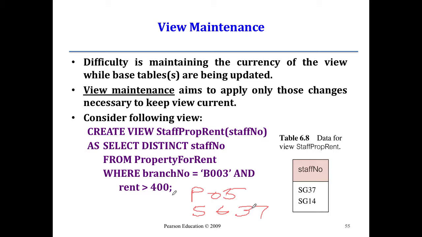Answer, no. Or I might give you the relation, and I say we are deleting P05, managed by SG37, and you'll have to check the relation to see if there are any other properties managed by SG37 for more than 400 pounds in order to answer the question. Good with that? Okay.